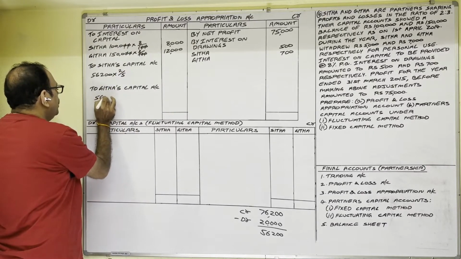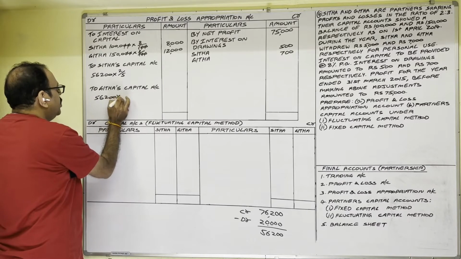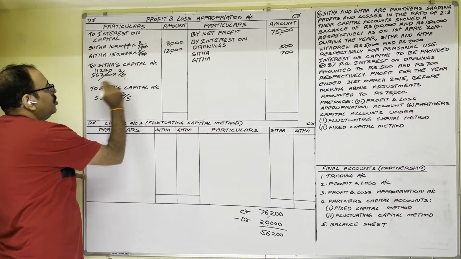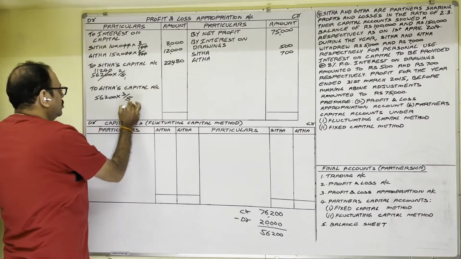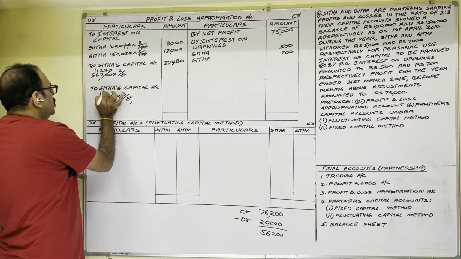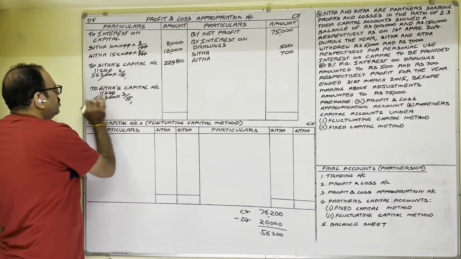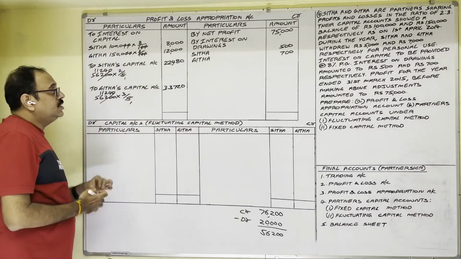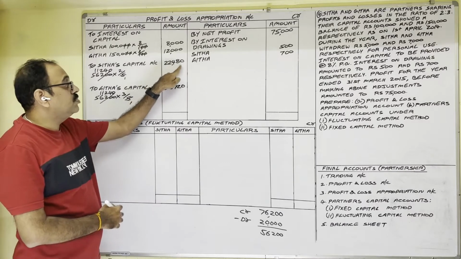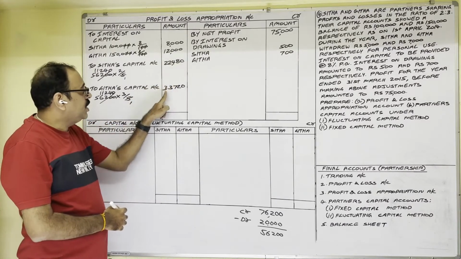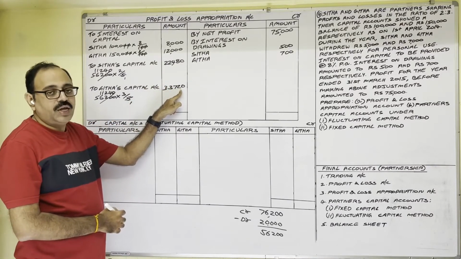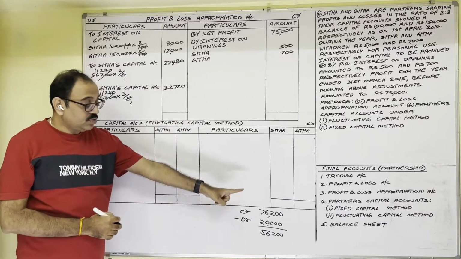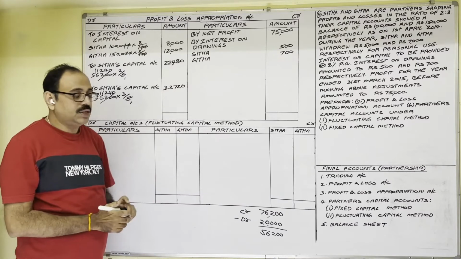Geeta: 56,200 into 3 by 5. 11,240 into 2, and here also 11,240 into 3. So in total profit, Sita's share is 22,480 and Geeta's share is 33,720. Now as the total, the highest amount 76,200, you have to write on both sides.